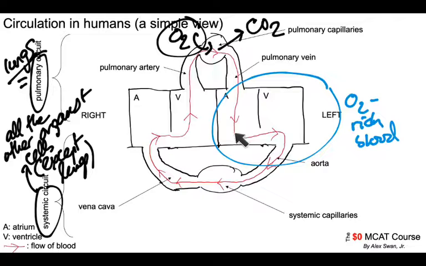So this oxygen-rich blood is going to enter the left atrium. It's then going to go into the left ventricle. The left ventricle is then going to distribute this oxygen-rich blood to the entire body except the lungs, right? That's what these systemic capillaries describe, right?